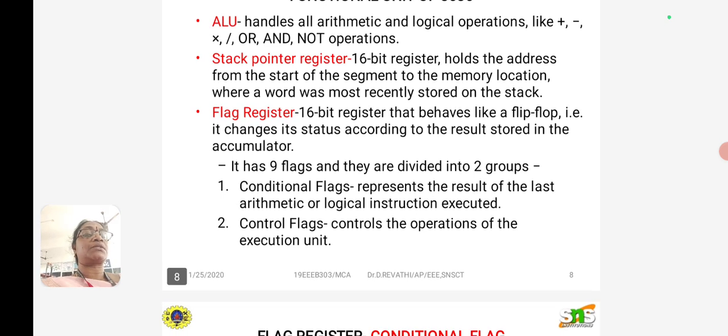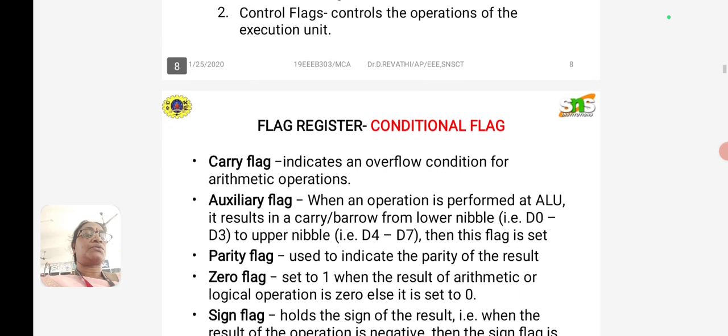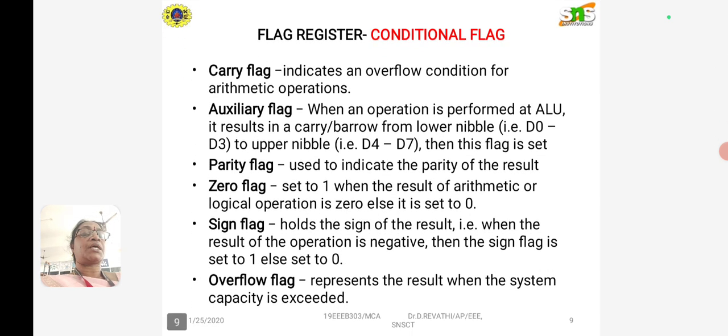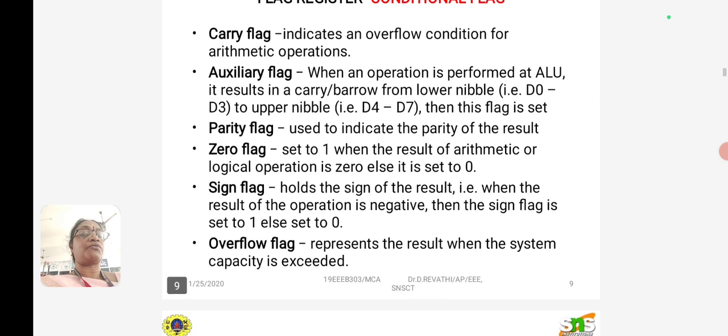Conditional flags represent the result of the last arithmetic or logical instruction executed. Control flags control the operations of the execution unit. The conditional flags are the carry flag, auxiliary flag, parity flag, zero flag, sign flag, and overflow flag.